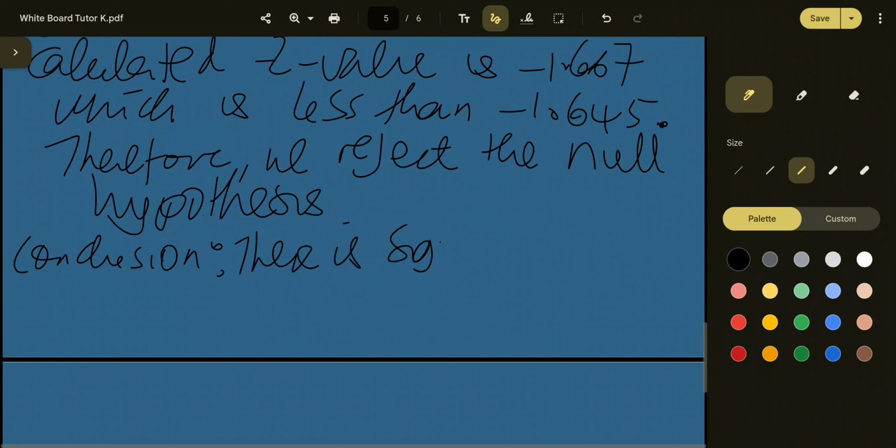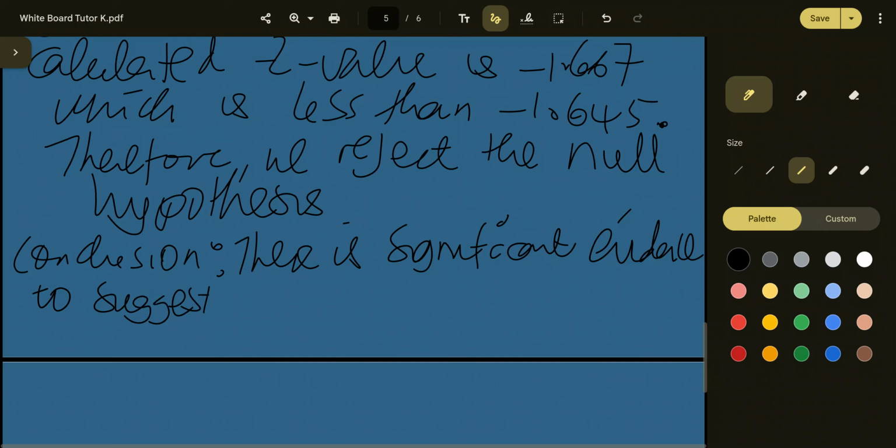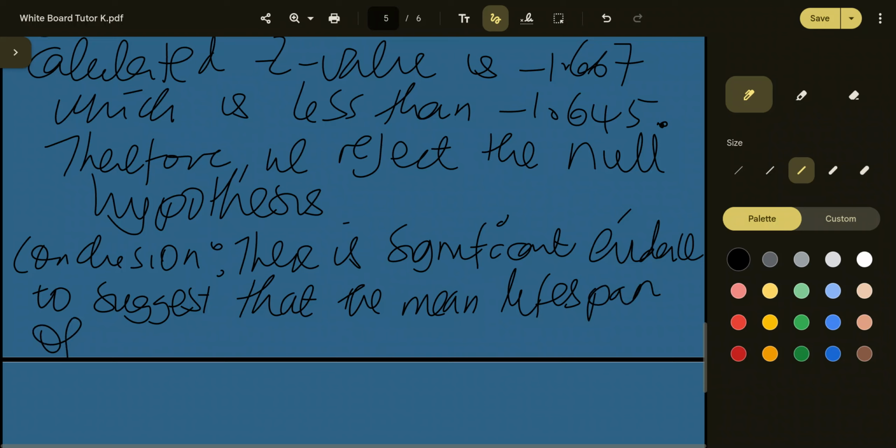there is significant evidence to suggest that the mean lifespan of a light bulb is less than the 1000 hours that we are told.